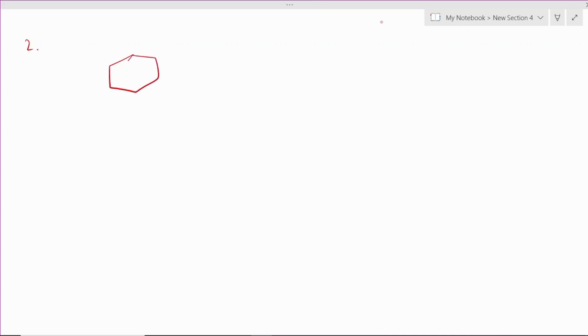We have to do IUPAC nomenclature for this compound. So this compound can be drawn that way. So if we do numbering, it will be 1, 2, 3, 4, 5, 6, 7 and 8.